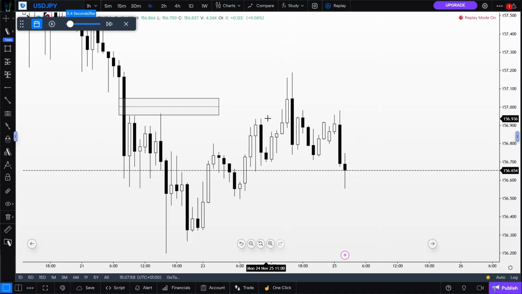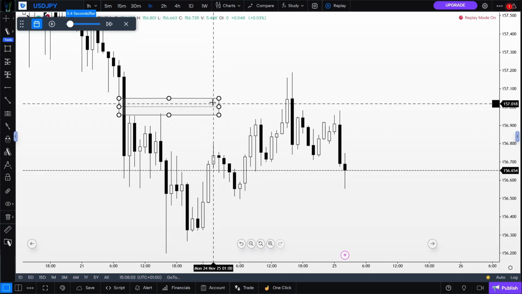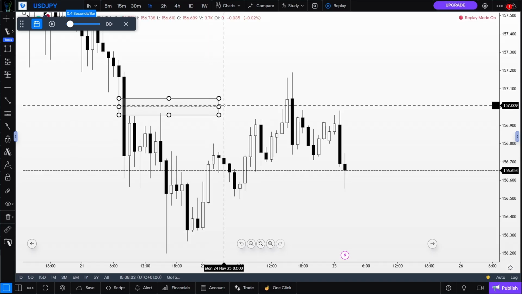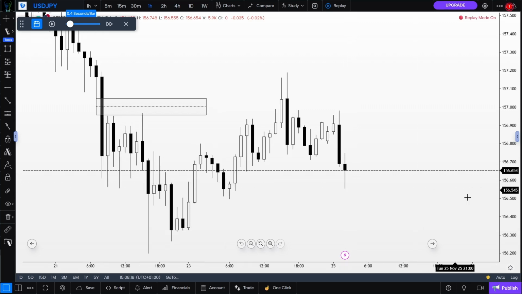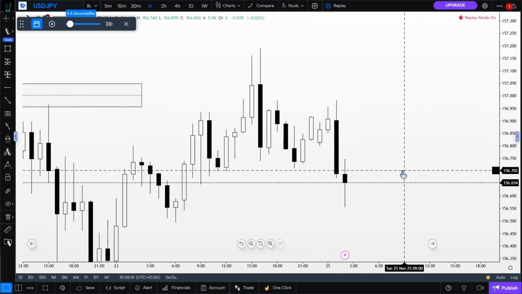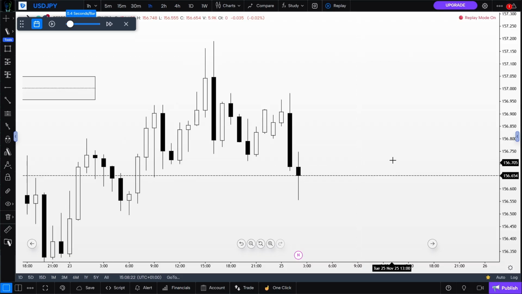Now, remember that we said that one of the evaluation criteria for these fair value gaps is that price shouldn't really close above here. It gives less probability. Does not mean that it's not going to work, but it gives less probability. Besides, we found that in the discount area of price, so it's still a valid thing. It's best to be aware of what is going to happen next than not to be aware about it at all.